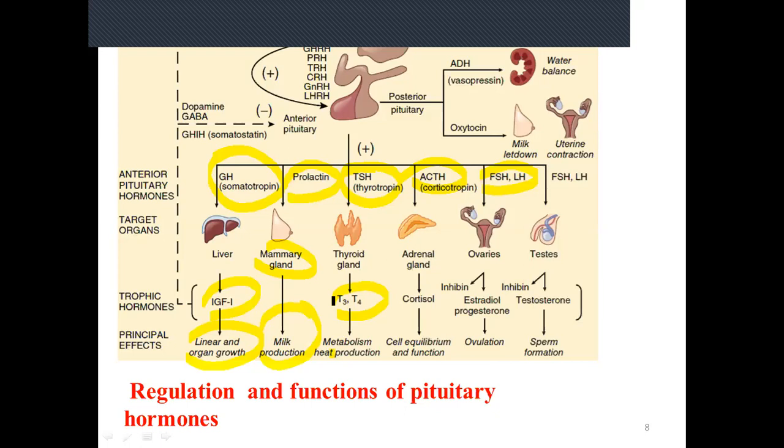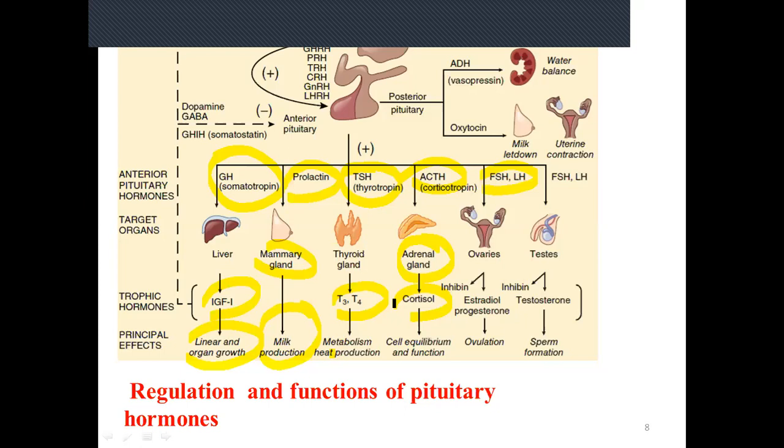That is the end function of the hormone. Then the ACTH from the anterior pituitary acts on the adrenal gland to produce cortisol. Cortisol has so many physiological functions in the body. That is the principal role of this endocrine hormone.